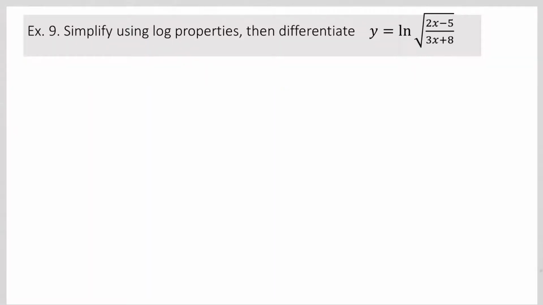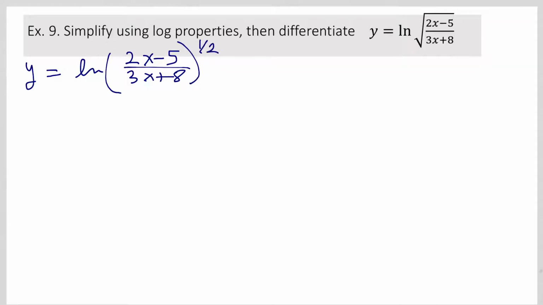Okay, once again, we're going to simplify using log properties first. So I've got y is the natural log of 2x minus 5 over 3x plus 8, to the 1/2 power.